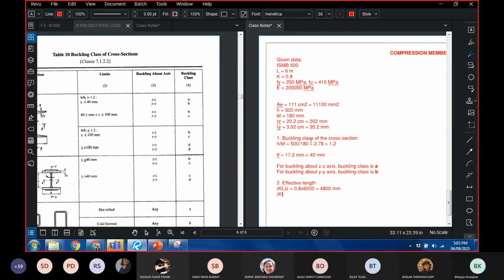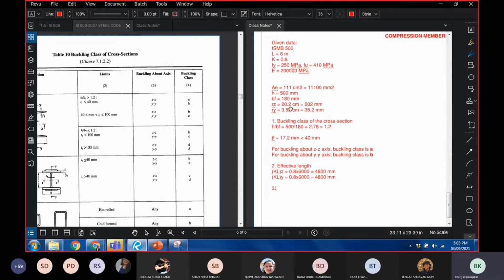Also, KL about the y-axis is equal to 0.8 times 6000, which is equal to 4800 mm. This is our effective length.